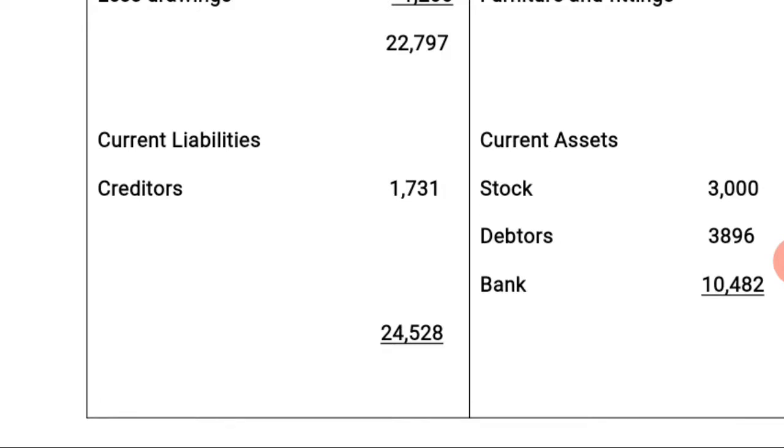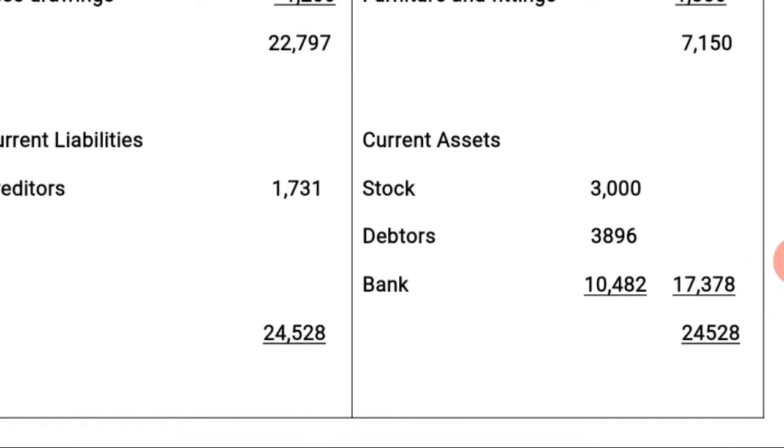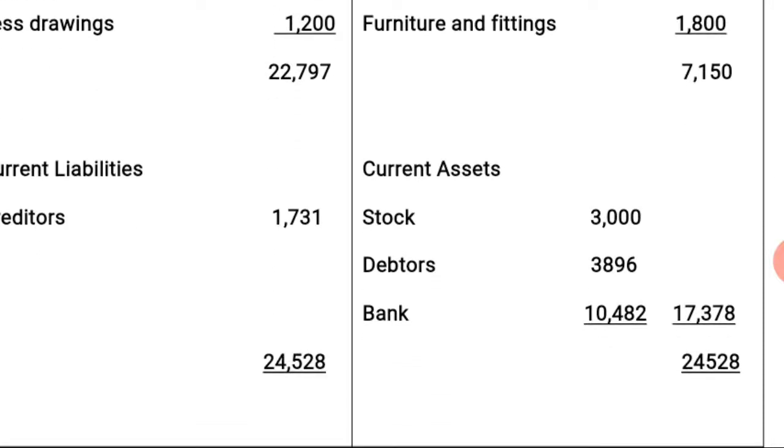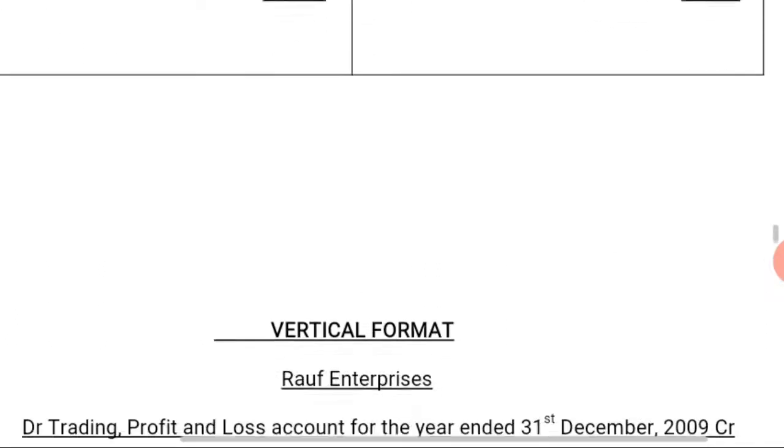And since we know that that's the balance sheet, the total on the right hand side must be equal to the total on the left hand side, and the total was 24,528 naira for the left hand side, which is the capital side and or liability side, and 24,528 naira also for the asset side. That is how to prepare trading profit and loss account using the conventional method popularly known as the T format.